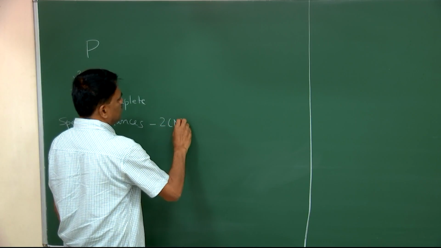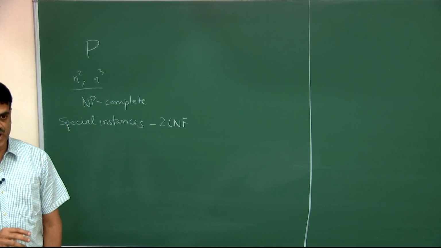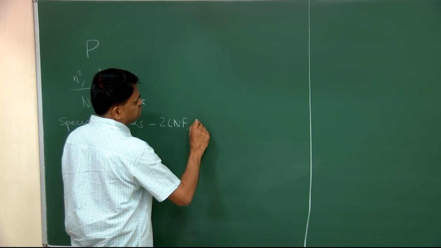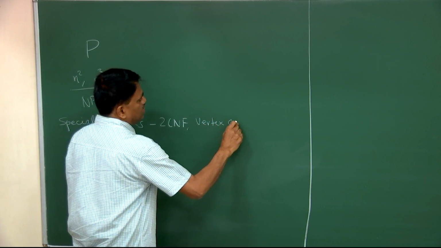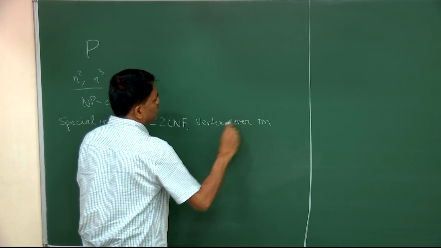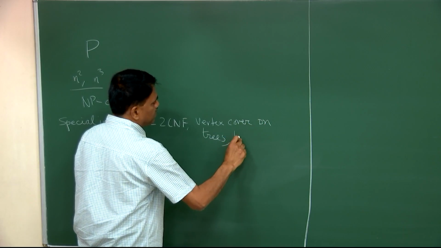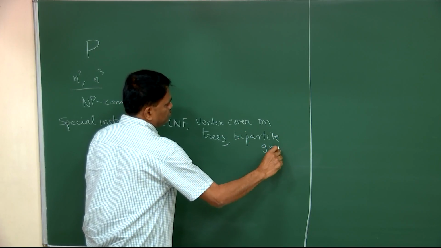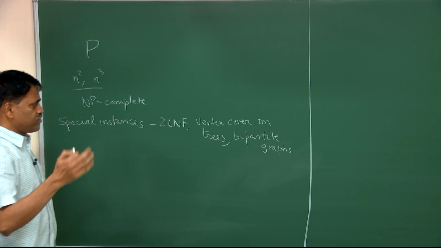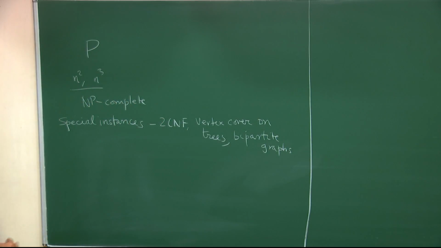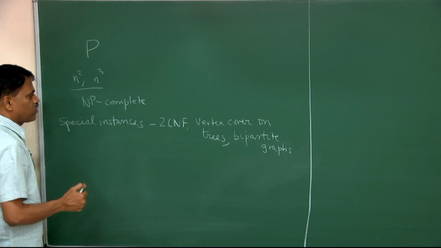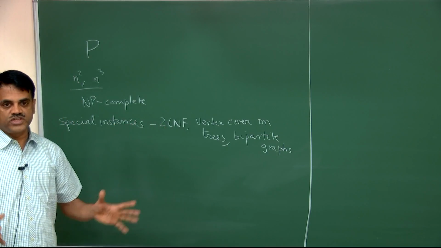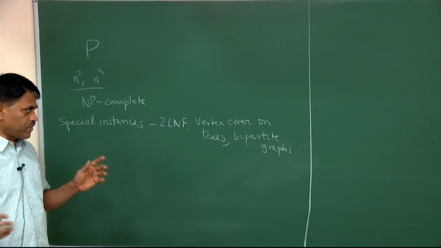For example, a CNF SAT formula if every clause has at most 2 variables, vertex cover on trees, bipartite graphs, clique on planar graphs, and so on. Okay, so that's one approach to deal with hard problems, is to see the boundary of the class of instances on which you can actually design some polynomial time algorithms.